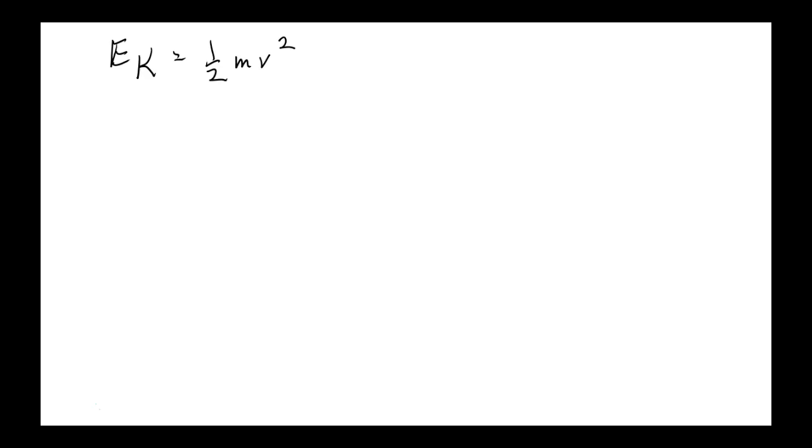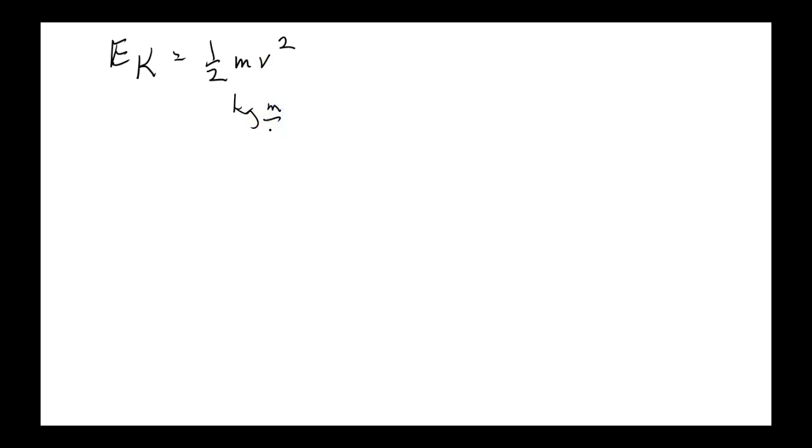Okay? Now, let's take a look at the units. 1/2, does that have any units? No, it's just a pure number. How about mass? What would be the unit for mass? Let's use SI. Kilogram. And how about velocity? Stay in SI. Meters per second, absolutely.